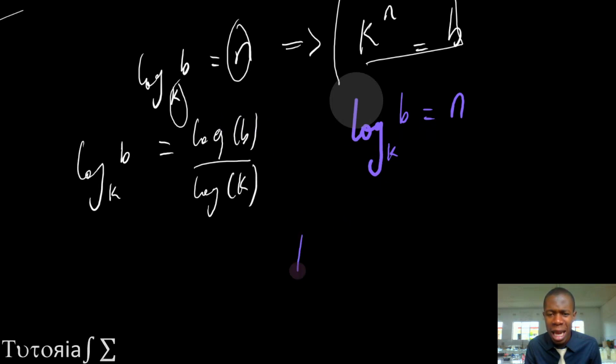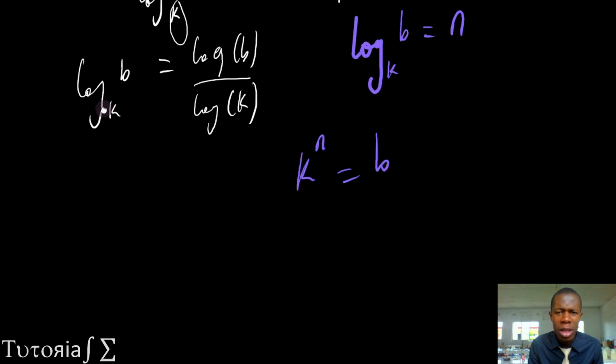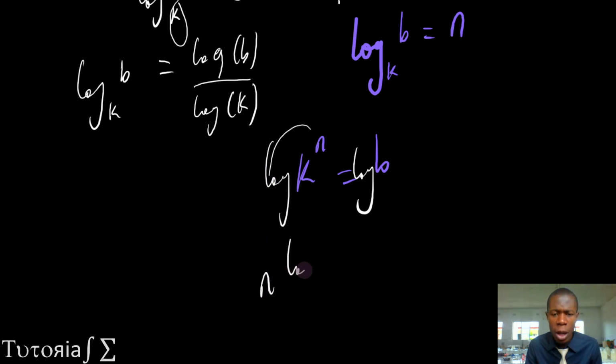index form as k to the power n is equal to b, and basically we can introduce logs both sides. So this will become log of k to the power n and log of b, which will drop the power here. It becomes n log of k equals log of b.